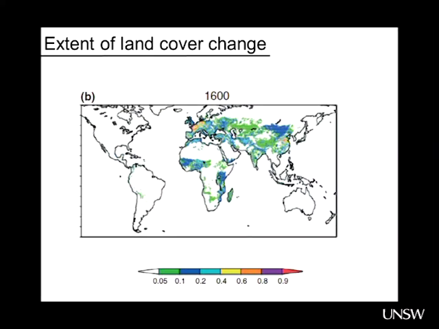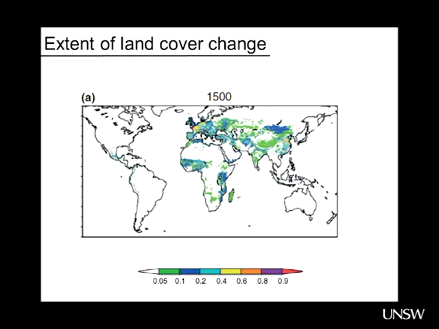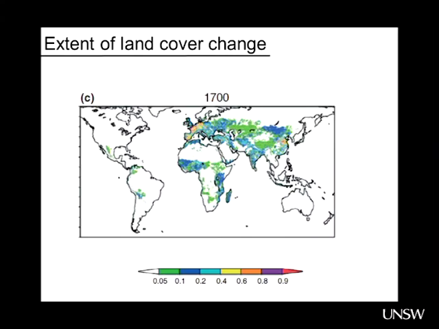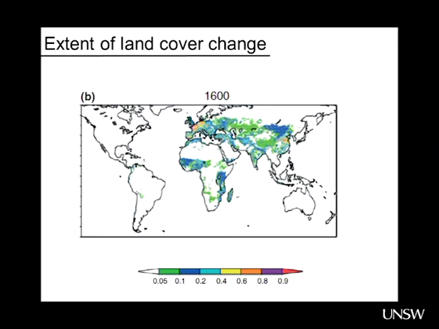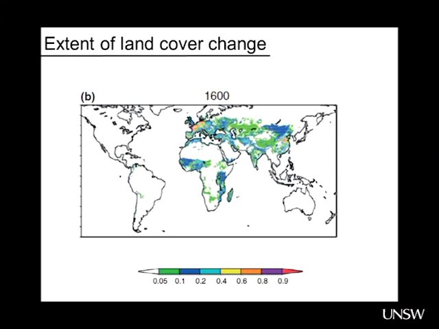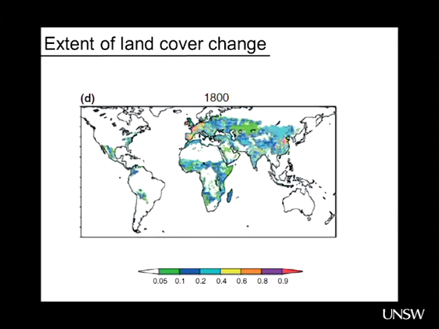There's been a little bit of an increase in the area, but if you look over Europe, France had happily chopped most of its trees down, and that merely intensified a little bit and spread a little bit north into places like the Netherlands and Germany. And my geography is going to rapidly degenerate from this point on. 1700, not much change, really. A little bit into South America, a little bit of intensification over northern China.